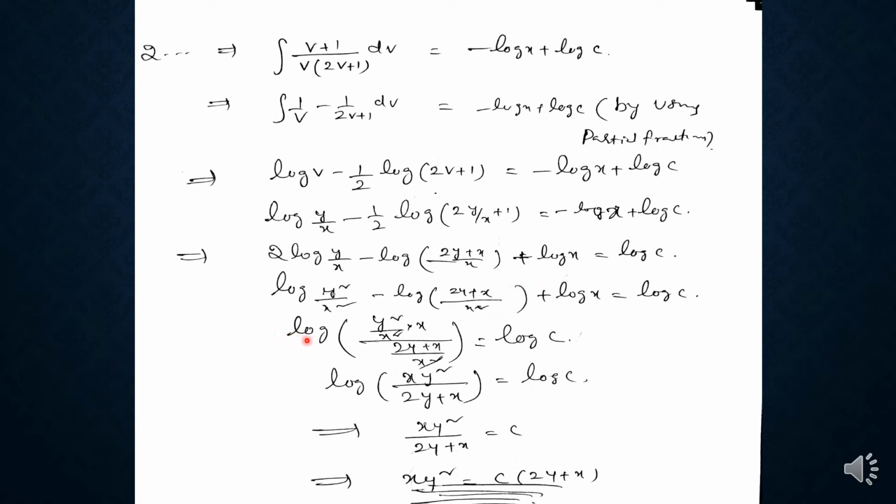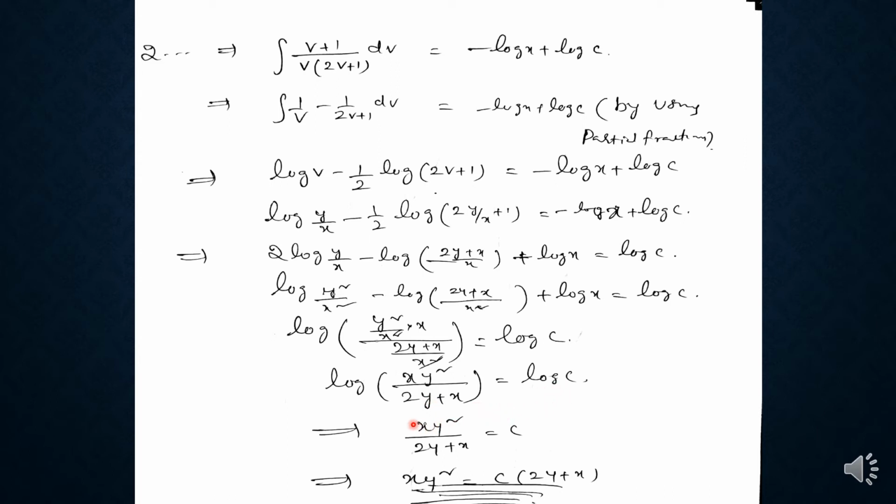This is in the form of log a minus log b plus log c. So log of y square by x square into x divided by (2y plus x) by x square. Here x square gets cancelled. You will get log of x y square by (2y plus x) is equal to log c.